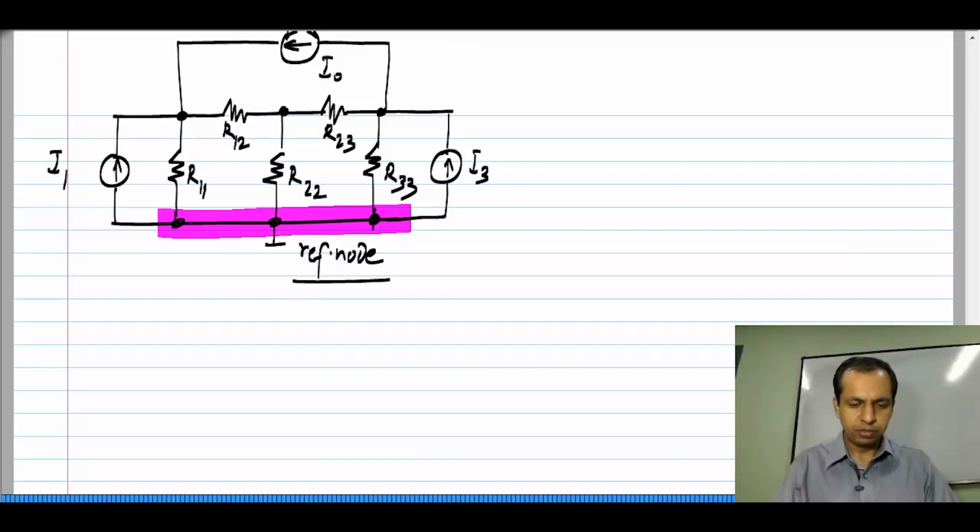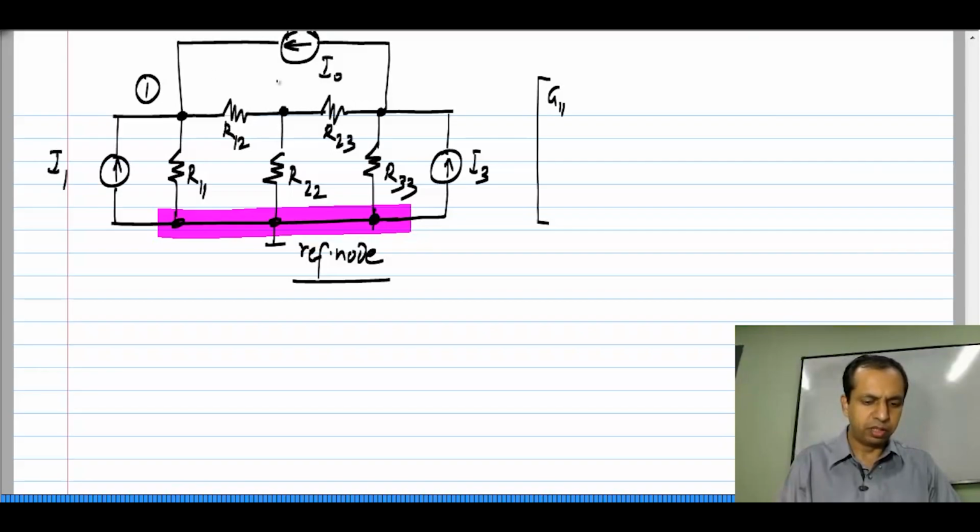Now, please pause at this point and write down the nodal equations. I am going to write it as well and you can compare the results just for extra practice. So, if I do that, let me number the nodes like this 1, 2 and 3.